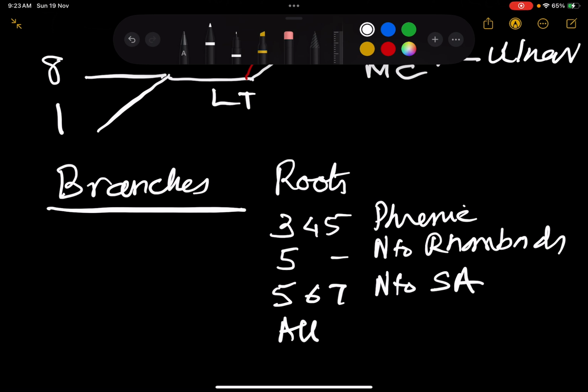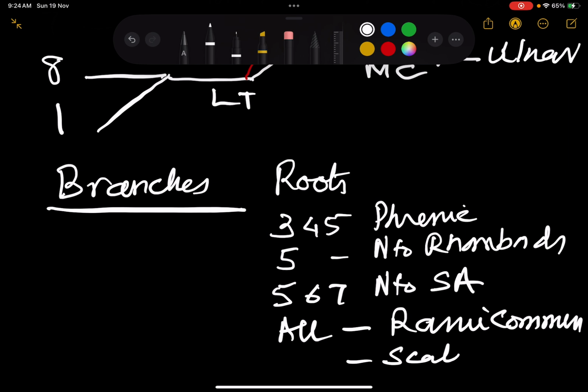All rami communicants to the sympathetic system and to the scalene muscles, scaleni muscles, anterior, medius, and posterior.